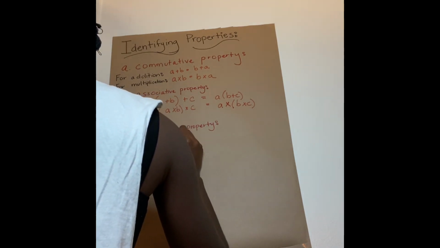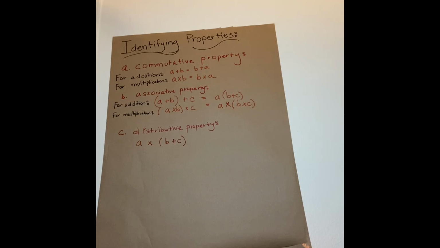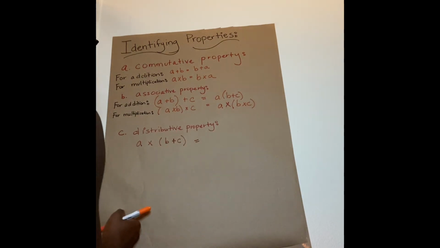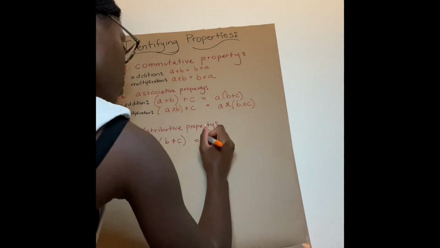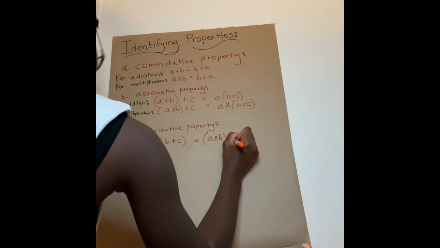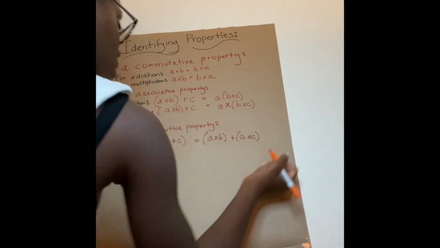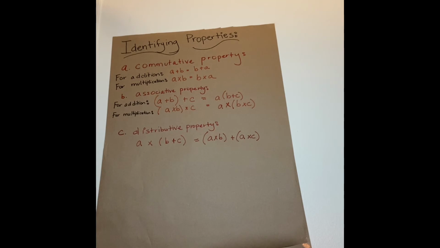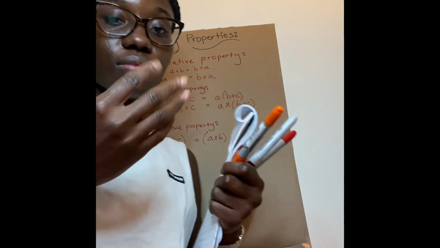So how this looks like is A times B plus C in parentheses can be simplified as A times B in parentheses plus A times C in parentheses. This property is super important, and so definitely put a star to it.